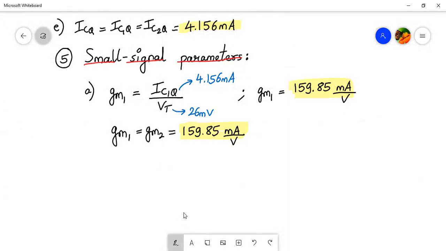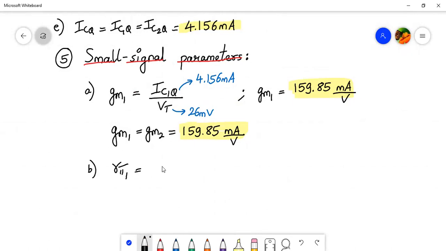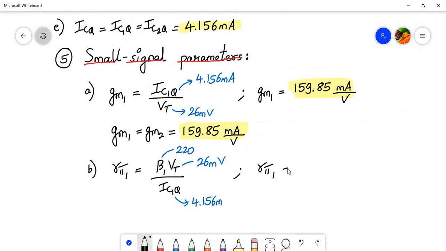Next, we calculate the value of r pi. R pi is the small signal parameter for BJT. So r pi 1 is given by beta 1 VT divided by IC1Q. From here, beta value is 220, VT value is 26 millivolt, and IC1Q value is 4.156 milli. If you work it out in a calculator, the r pi 1 value will come close to 1.376 kilo ohm.